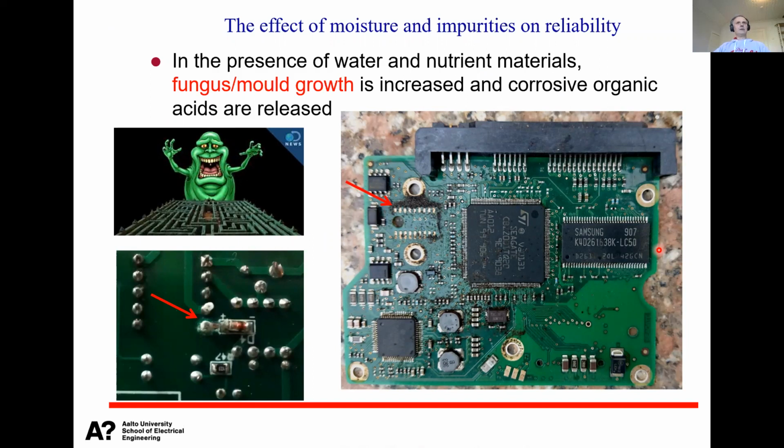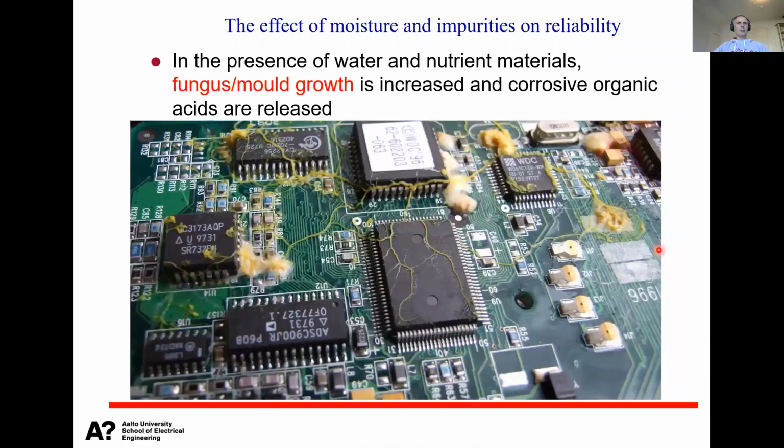It can even be nutrient materials, meaning some organic contamination, which could cause, for example, fungus or mold growth. And then this fungus can form corrosive organic acids, which then corrode your electronics. So your electronic boards could look like this.